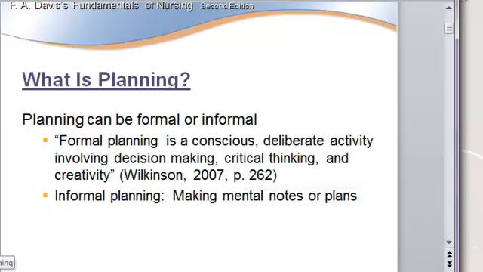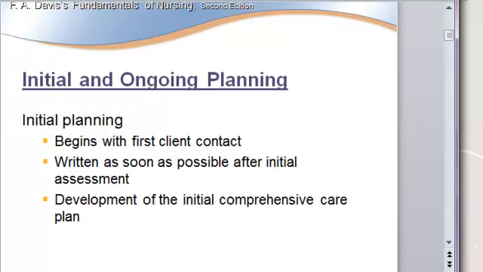We need to assess what type of pain, where the pain is, on a scale of 0 to 10, what is the pain? Is it chronic pain? Is it acute pain? Is it post-op pain? What type of pain is it? So a lot of times those are mental notes that we may not put down formally, but it's something that we do every day in our practice.